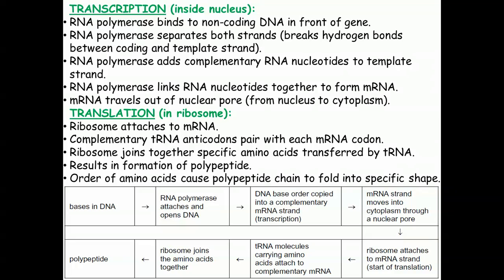The mRNA can then travel out of the nuclear pore into the cytoplasm, where in translation this mRNA attaches to a ribosome, and then complementary tRNA anticodons pair with each mRNA codon and bring specific amino acids, which are added in the correct order.